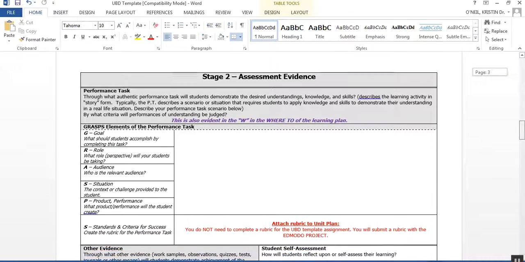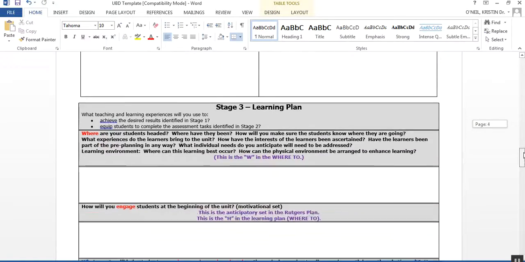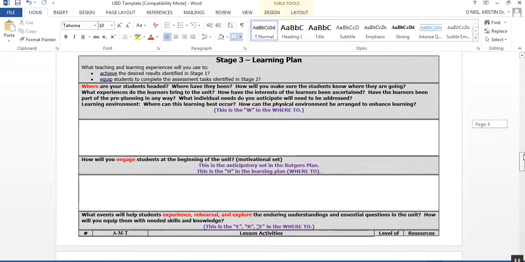How are we going to know that they actually learned it? What are we going to do or have our students do in order for them to be successful in performing it, showing us what they've learned, and also getting our students to be able to think and understand? This is a good overview of the template that you'll be working with throughout this course.